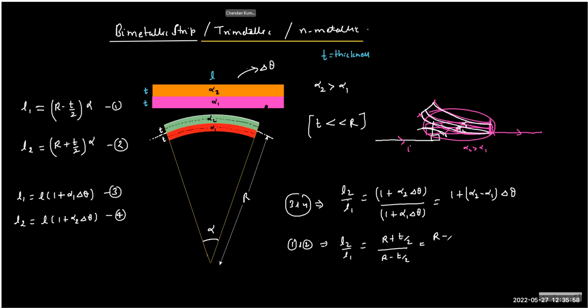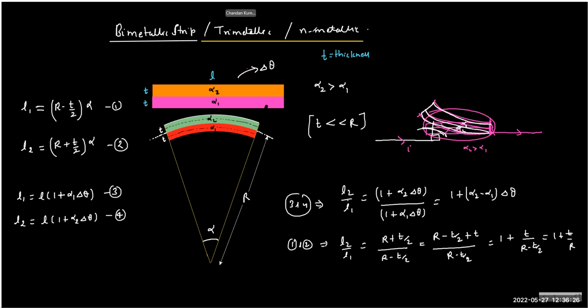T is very small compared to R, so we can ignore the T. Again we can use the simple approximation, and this we can write as 1 plus T by R minus T by 2, which is the same as 1 plus T by R. We can write it like this.